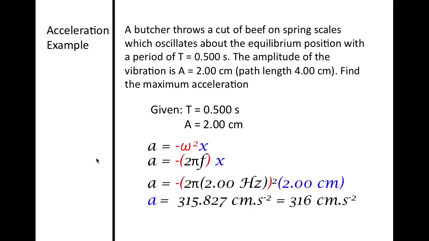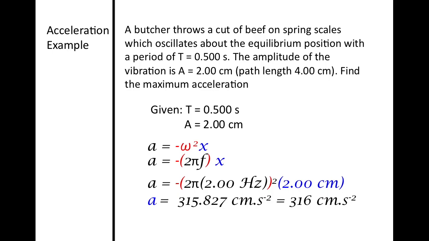We are given a period of 0.500 seconds, and we have an amplitude of 2.00 centimeters. We are going to be using this equation here, and we know that omega, angular frequency, is 2 pi f. We can figure out the frequency simply by looking at the period, and we know that frequency means how many cycles per second.